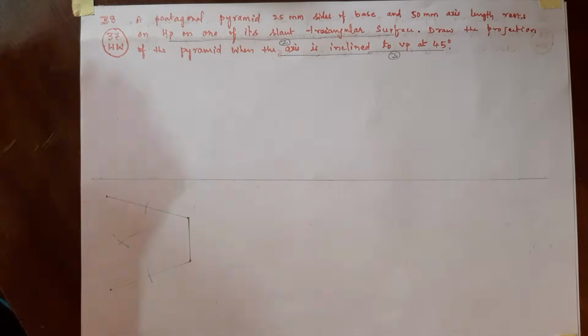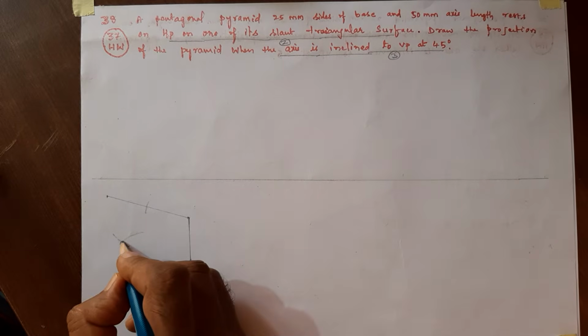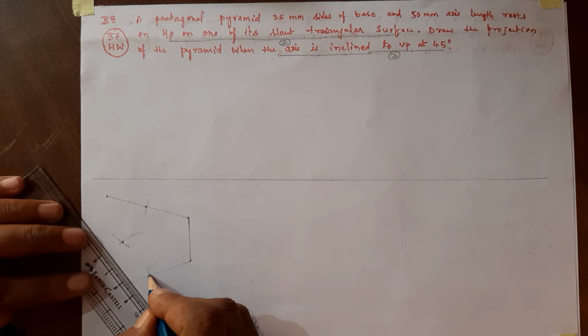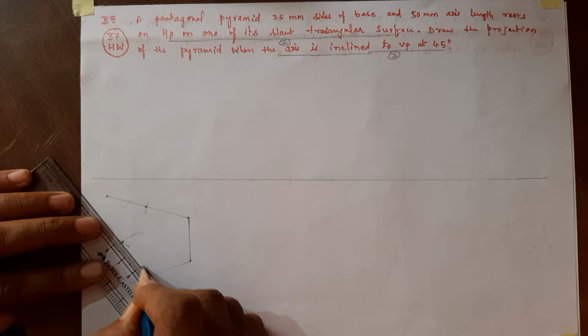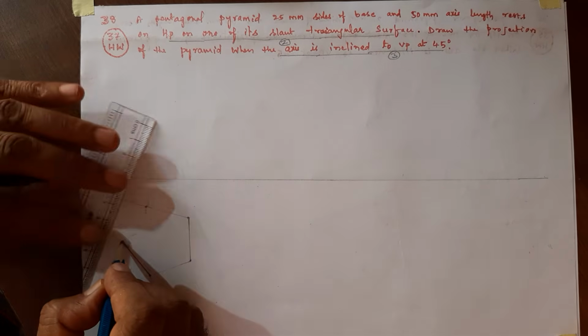So we'll get 3 points. Okay, then join all the points with thick line.